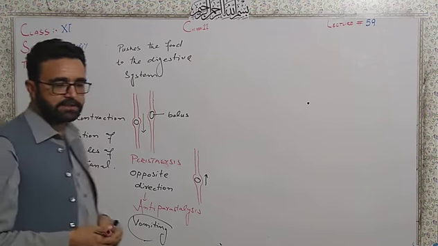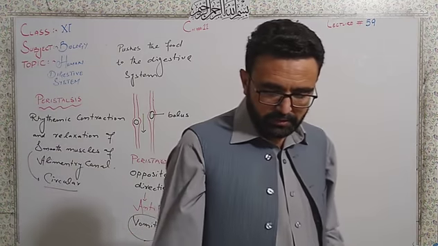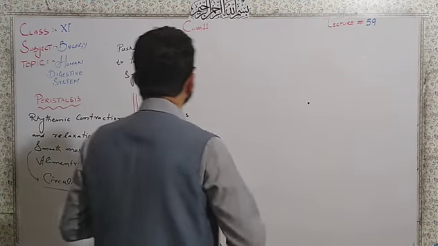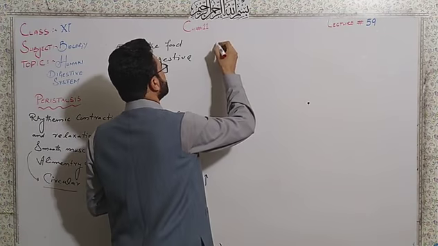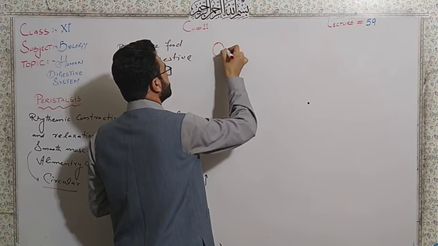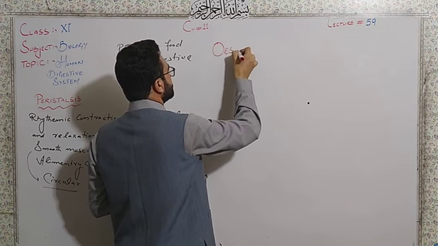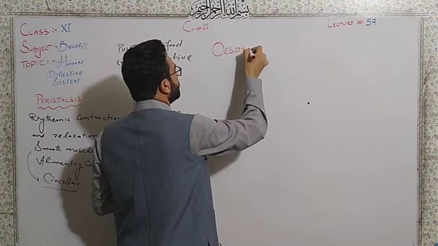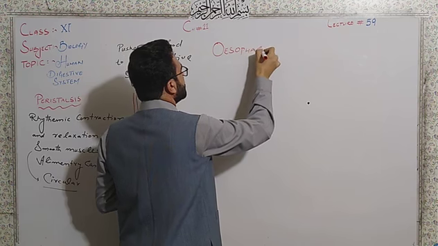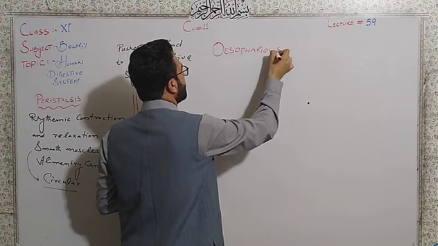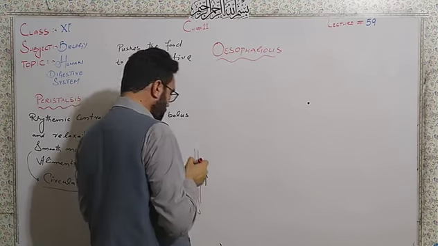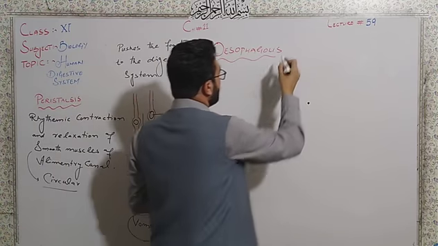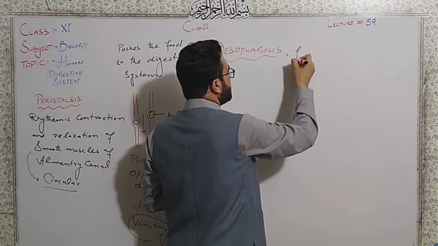The next part is the esophagus. The esophagus is also called the food pipe.